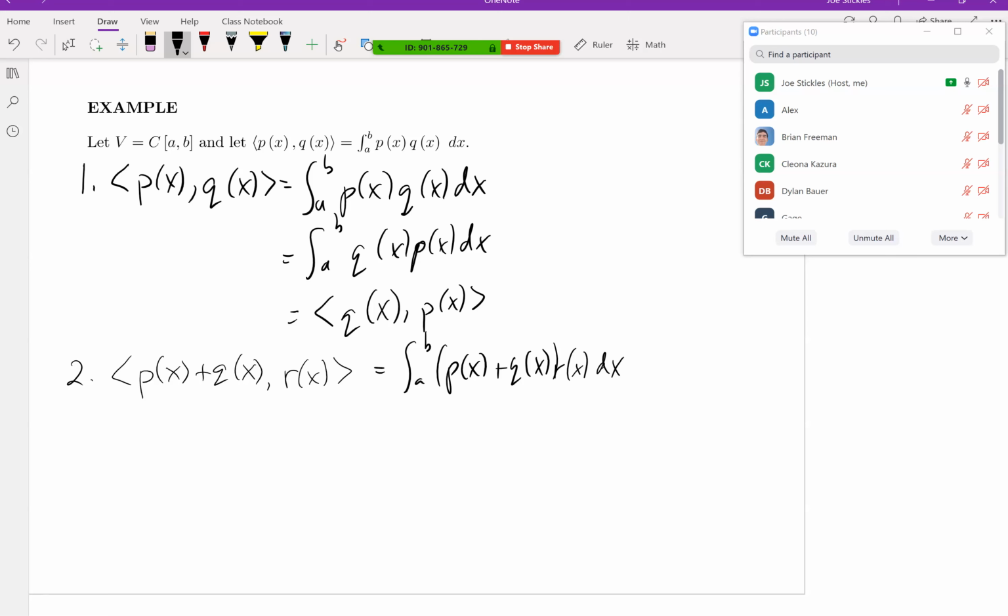And again, like I mentioned, these are all real valued functions, so I have absolutely no issues with distributing that R of x over the sum. And now we get to use a little bit of calculus.